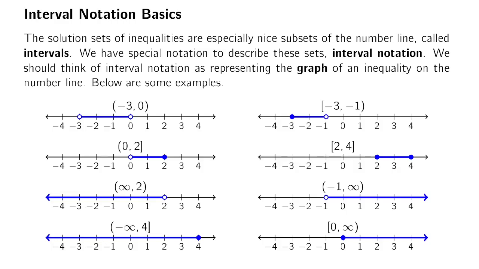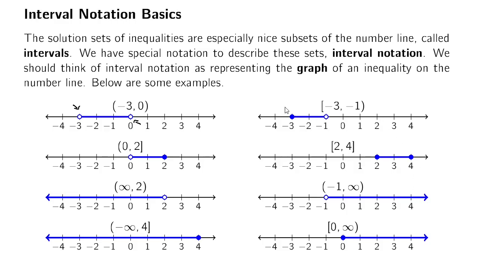So here we have a graph with an open dot at -3 to the left, an open dot at 0 to the right. In interval notation, we write (-3, 0) in, I'm going to call these round brackets when we're talking about interval notation. They're parentheses. They use the same key on your keyboard as parentheses. But in interval notation, I want to think of them as round brackets.